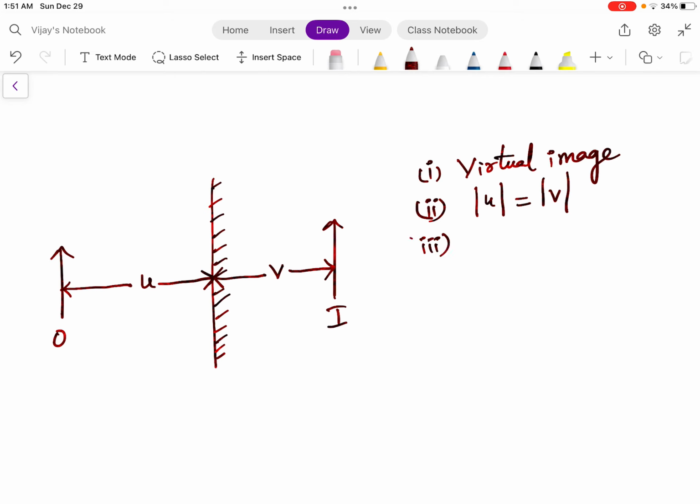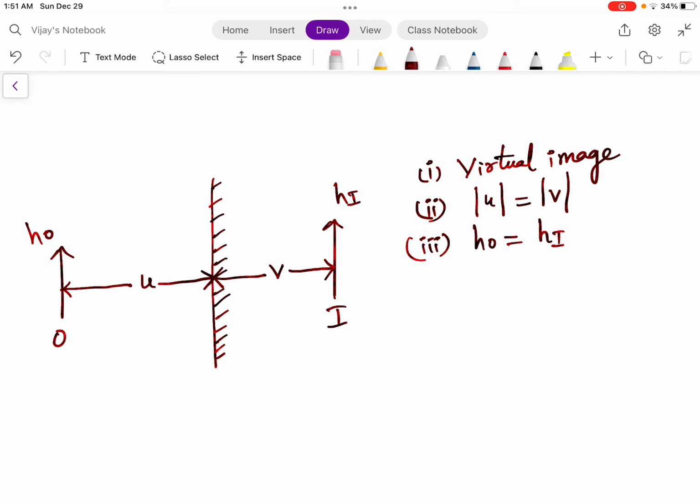The third point about the properties of the image in a plane mirror is, whatever the object height, the image height will also be the same. So object height is equal to image height. That means there is no magnification as such when a plane mirror is concerned. The object and image heights remain the same.